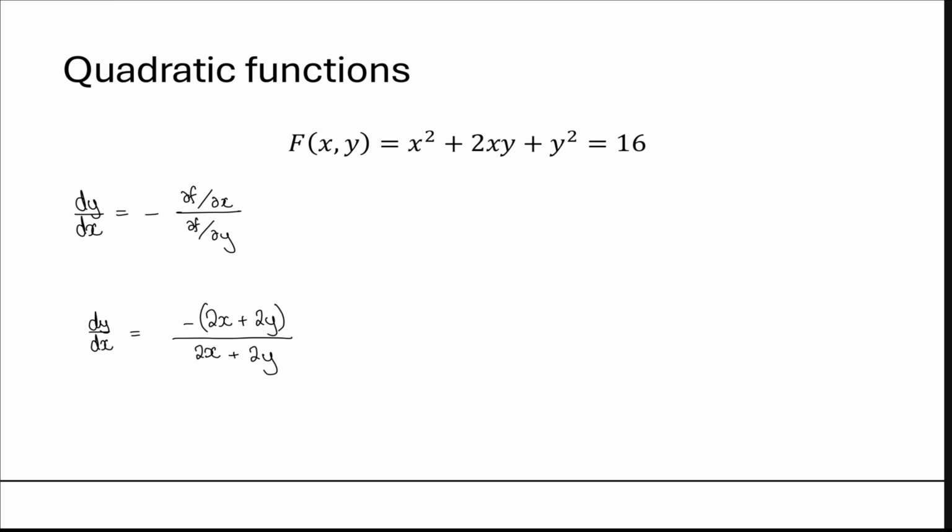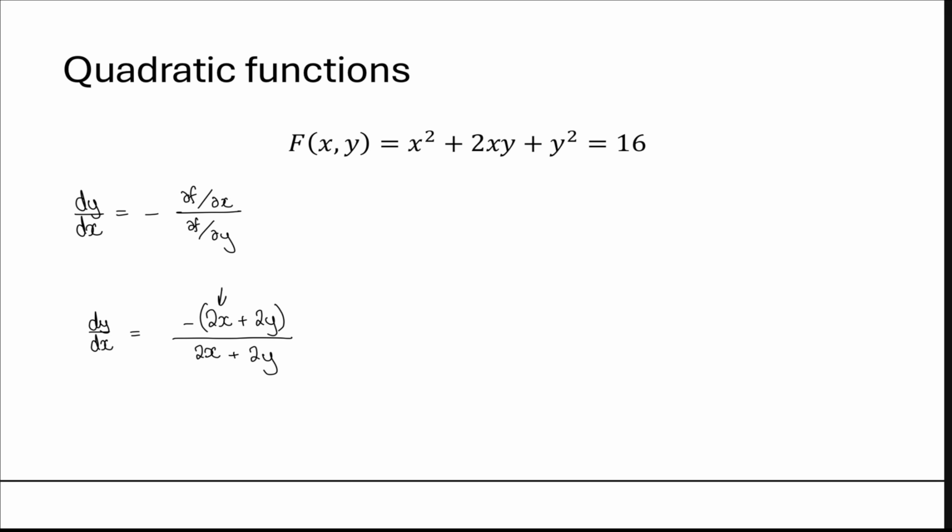Just to walk you through that, x squared differentiates to 2x, and then 2xy, if we treat y as a constant and differentiate 2x, we just get 2, so we're just left behind with 2y.